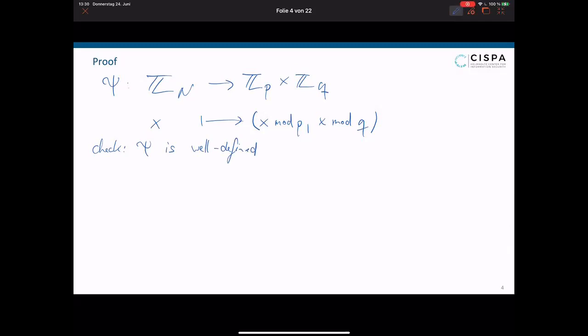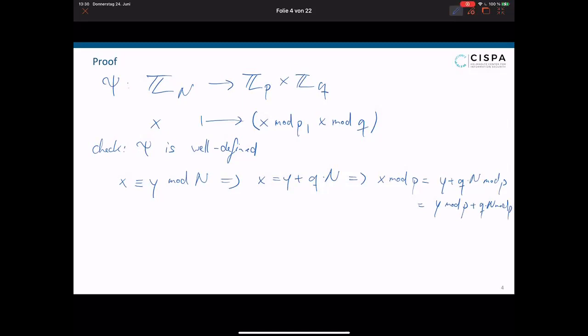If you have two inputs, x and y such that x is congruent to y modulo n, this means x equals y plus q times n, but that means x modulo p is y plus q times n modulo p, which is y modulo p plus q times n mod p.